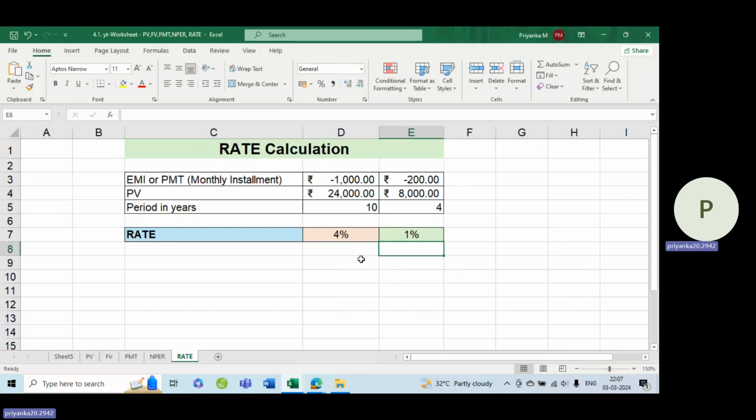Since I've already added the percentage format, it's coming like this. If you want a cell to have a percentage, let us say I want to add the percentage symbol, you can either type it with shift percentage. Otherwise, there is another way: let us say I'm adding 7, you can add it just by clicking the symbol here.